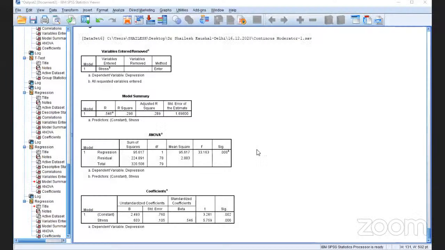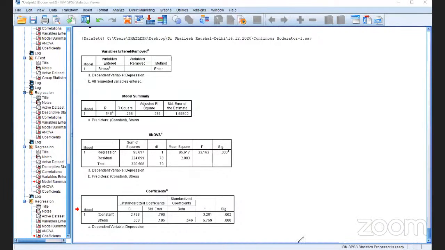Now you can see the output. So what is the relationship here? The relationship between stress and depression is significant. There is a positive correlation also. You can see the sign, 0.4546. So there is a positive correlation between the two, depression and stress.